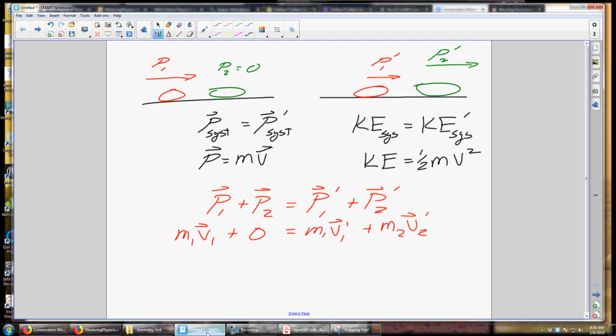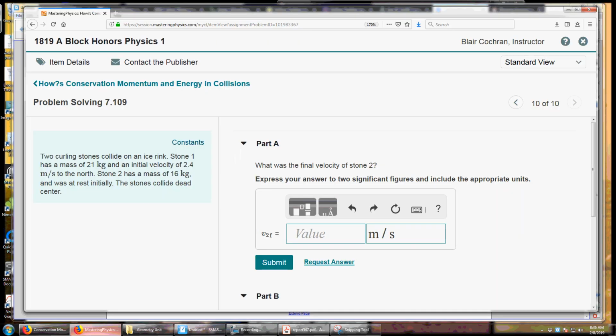Just applying my definition of momentum. Stop me if I'm going too fast. Let's see, I know mass 1 is 21, mass 2 is 16, velocity 1 is 2.4, and that's it.